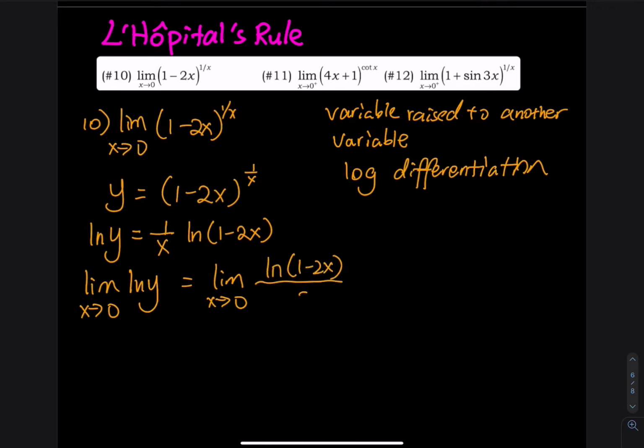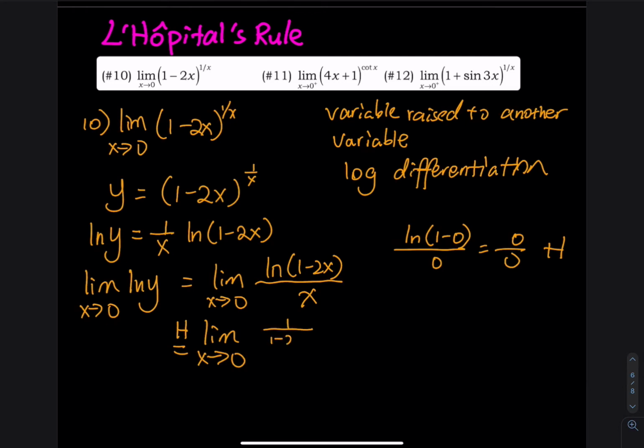So let's see if we have a 0 over 0. We have ln(1 minus 0) divided by 0. So ln 1 is equal to 0. Then we are able to apply L'Hopital's rule. So we do L'Hopital's rule, and this is the limit as x approaches 0. The derivative of ln of something is 1 over that.